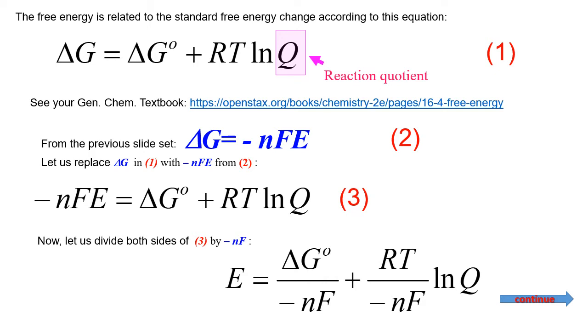Minus nFE equals delta G0 plus RT ln Q. Now let's divide both sides by minus nF. We are getting such an equation and we'll continue on the next slide.